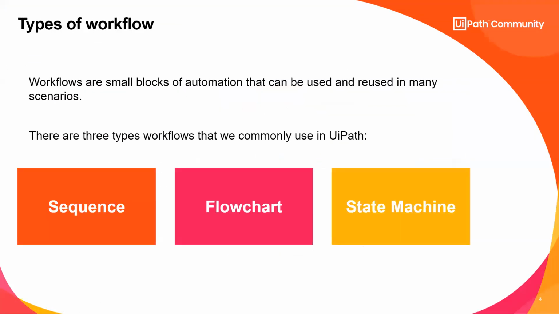As I told you about the types of workflow, there are three types we commonly use in UiPath Studio during development. We have sequence and flowchart, which we already covered, and the state machine, which I am going to cover. I will just give you a high-level idea of what a state machine is, because it is a little advanced and I don't want to confuse you, as you are freshers in UiPath Studio.